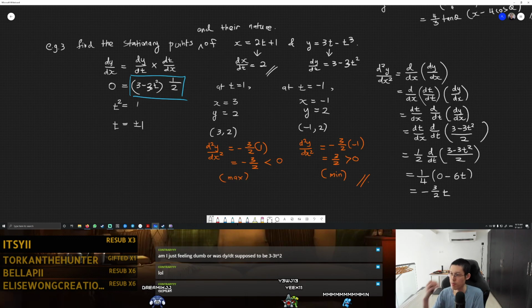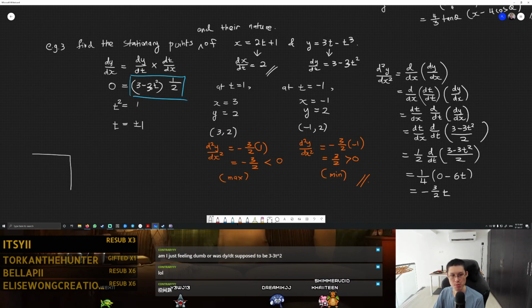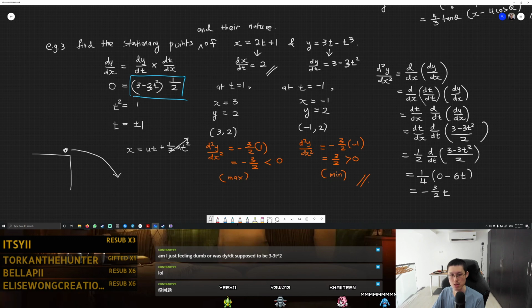For physics, what's a good example I can use? Kinematics is probably one of them. Oh, there we go. So remember, let's say you project something from a height and you throw it down, so you get projectile motion, and you can write the horizontal displacement in terms of ut plus half at squared, right? a is 0 if it's projectile motion.